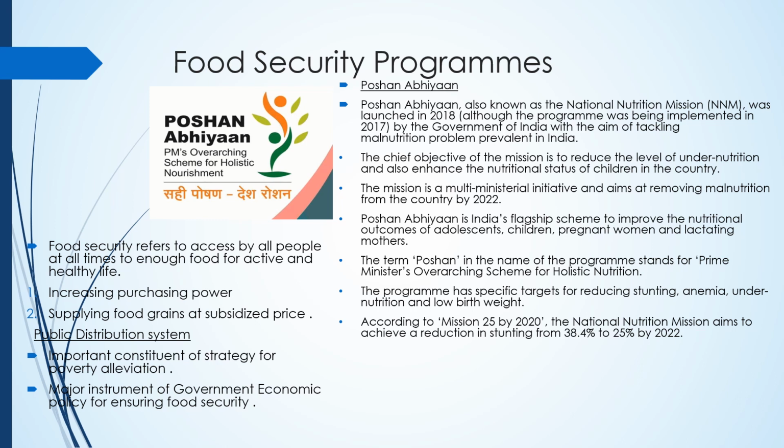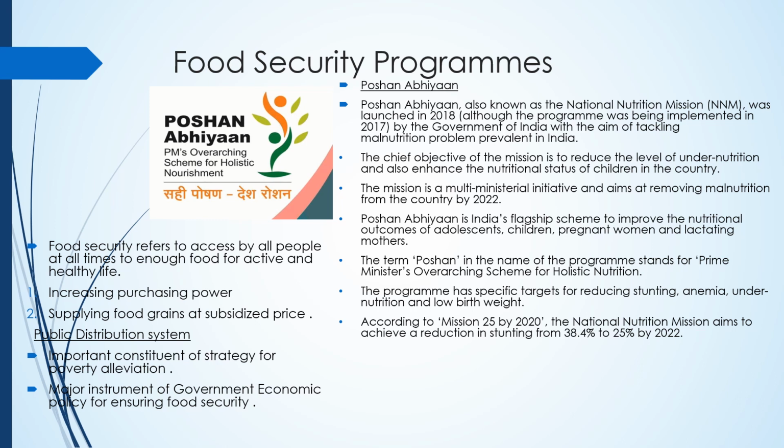Government supplies some staple grains at the subsidized rate under the public distribution system, an important constituent of the strategy for poverty alleviation. In order to reduce poverty, this is a very important component and a major instrument of the government's economic policy for ensuring food security in the country.